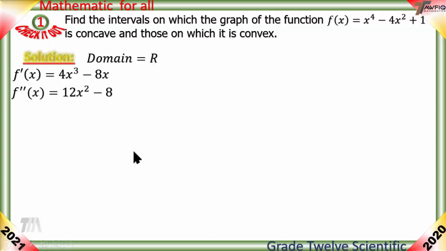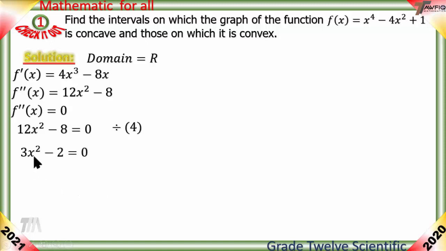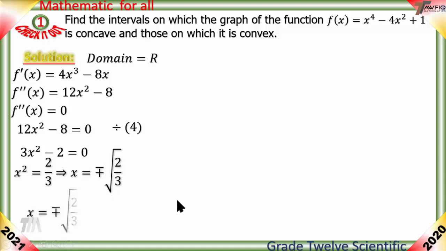squared minus 8. Set the second derivative equal to 0, so 12x squared minus 8 is equal to 0. Dividing by 4, 3x squared minus 2 is equal to 0, and x squared becomes 2 over 3. By taking the square root of both sides, x equals plus or minus square root of 2 over 3.